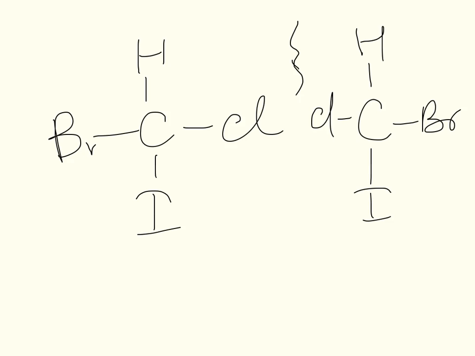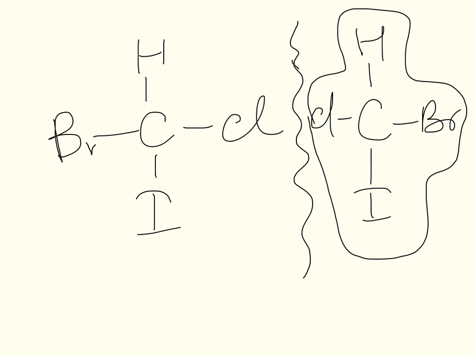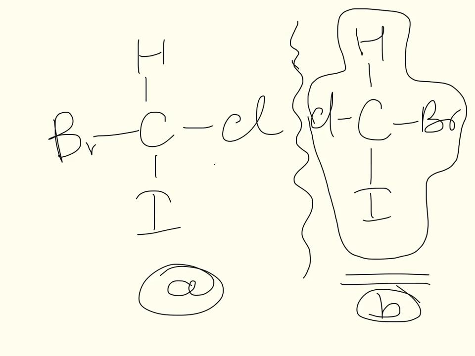These 2 compounds are mirror images. But if you lift up compound B and try to superimpose it with compound A, they are not superimposable. So such compounds that are mirror images but they cannot be superimposed are known as enantiomers.